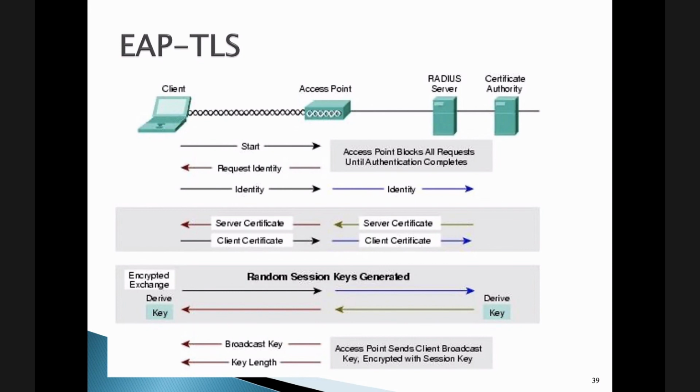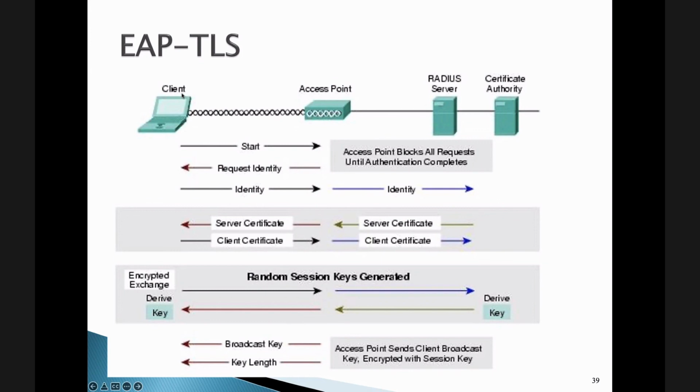This is used for public key encryption. We're not covering public key encryption here, but you can consider the certificate as the proof of trust. If the client has a certificate and shows it to the authority or to the access point, it shows that this client can be trusted.